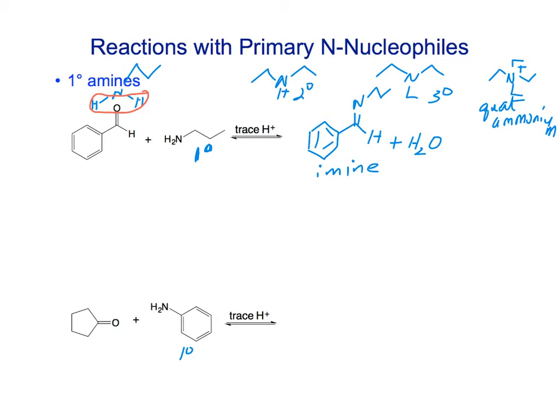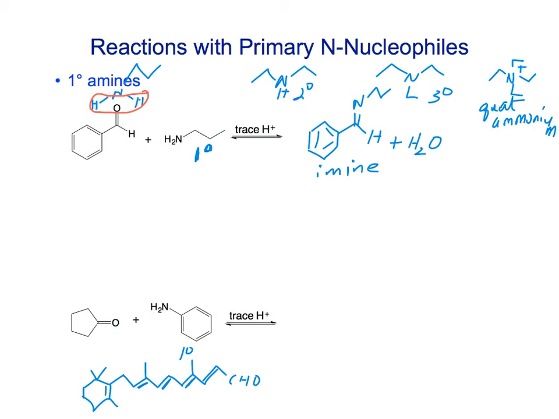So here I could draw this out, I think. Okay, let's see if I can do this. So, 1, 2, 3, 4. 1, 2, 3, 4. So this molecule, oh, I did that wrong.